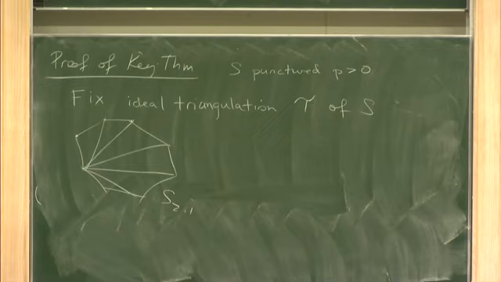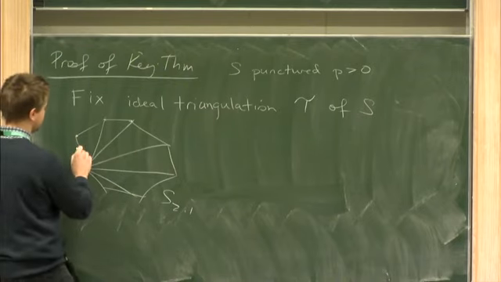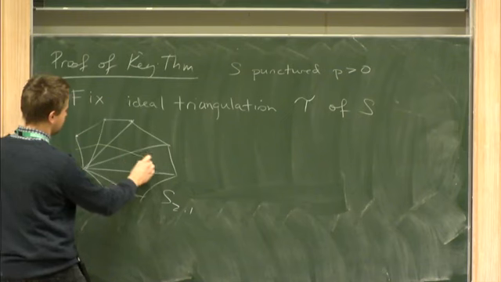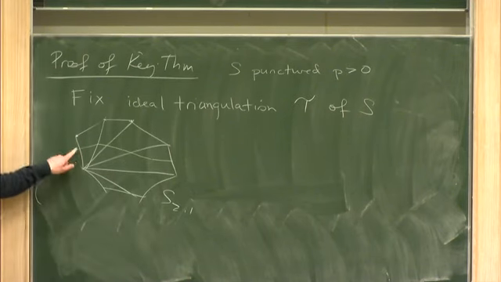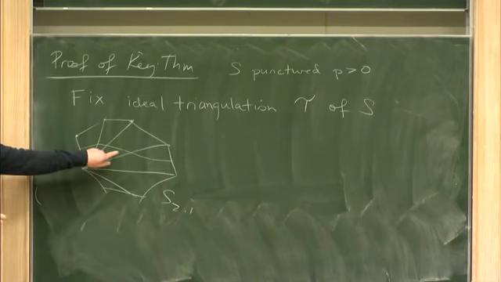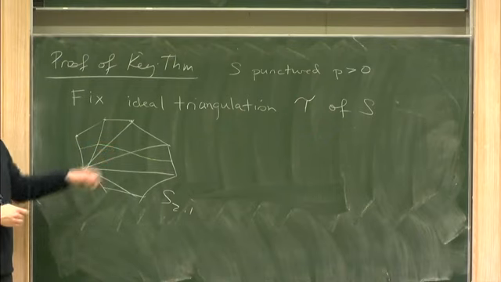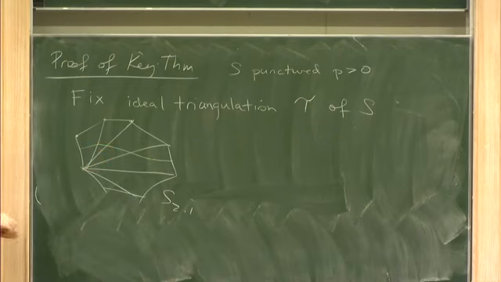And I said that you give me alpha and beta, and I have to find a geodesic between them in the curve graph. The way you give me alpha and beta is you tell me certain weights of how many intervals you see on the surface.